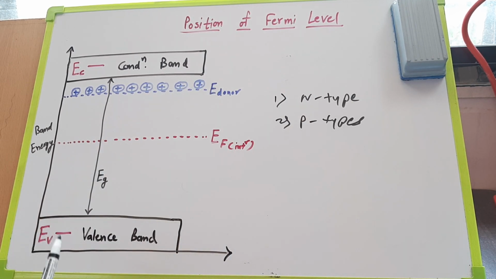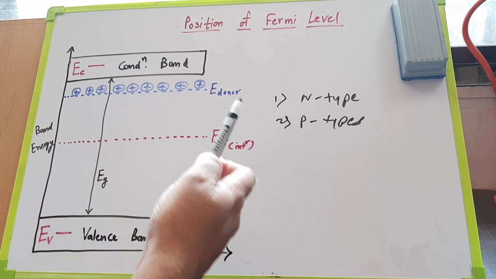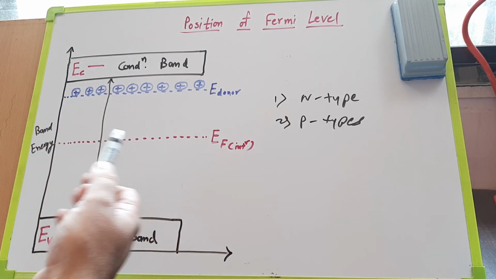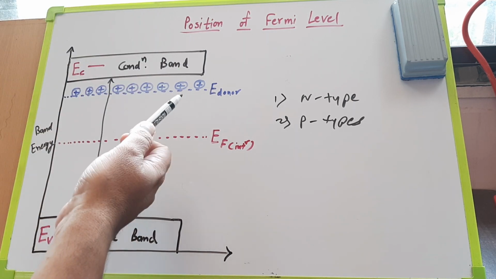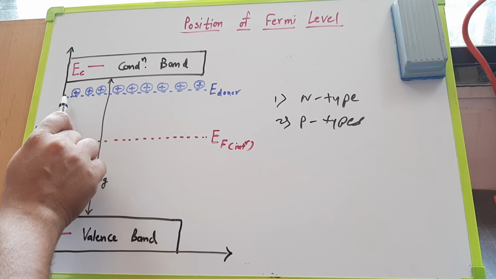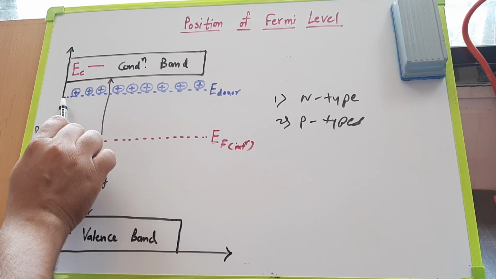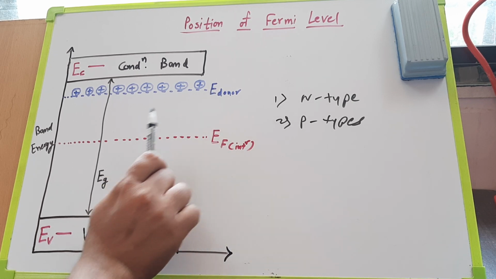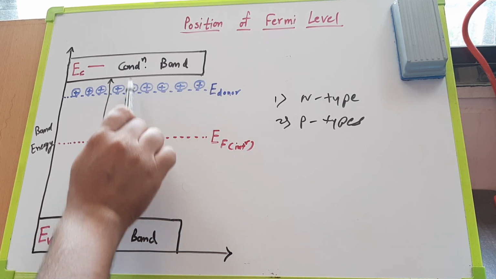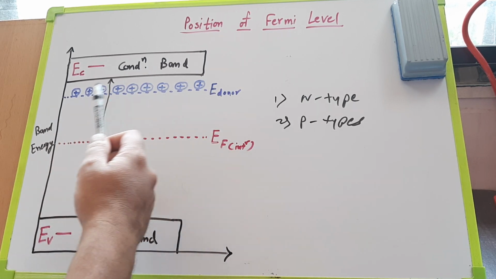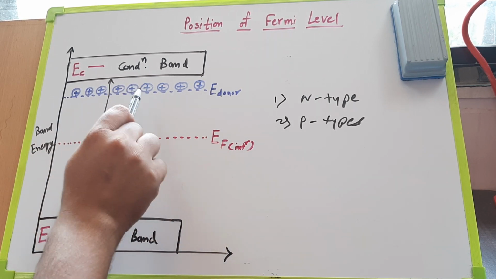In the n type there are more electrons. Electrons can donate charge, and their collective energy is shown as E donor, just below the conduction band, because those are high energy.